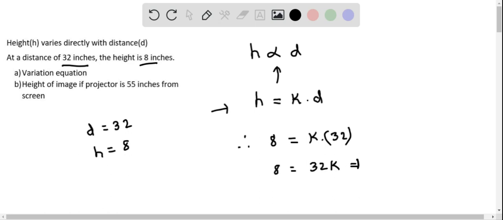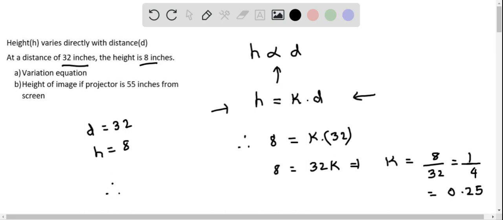We then divide both sides by 32, which gives the value of k equals 8 over 32. We can write this as a fraction, 1 over 4, or as a decimal, 0.25. So let's plug the value of k into this equation.